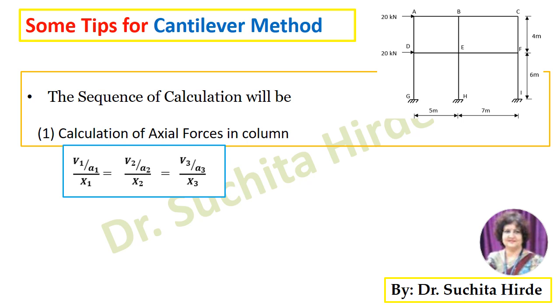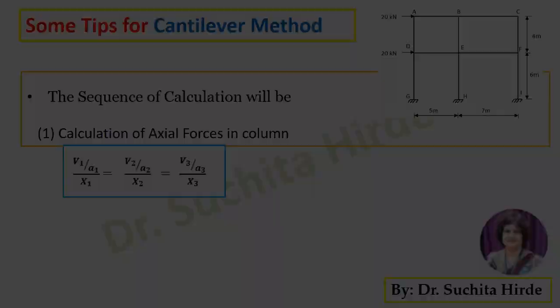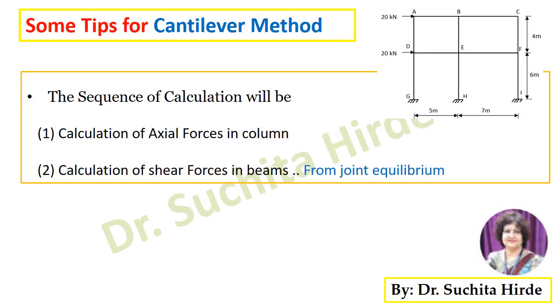The sequence of calculation will be, first of all you have to calculate the axial forces in columns using the assumption in cantilever method related to axial stresses in columns. After that you have to draw the free body diagram of the frame and then calculate shear forces in beam using the joint equilibrium conditions.